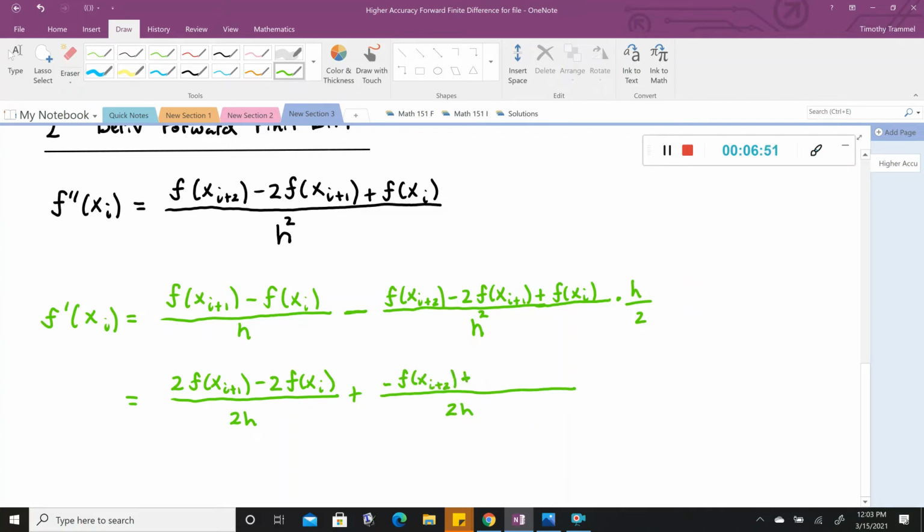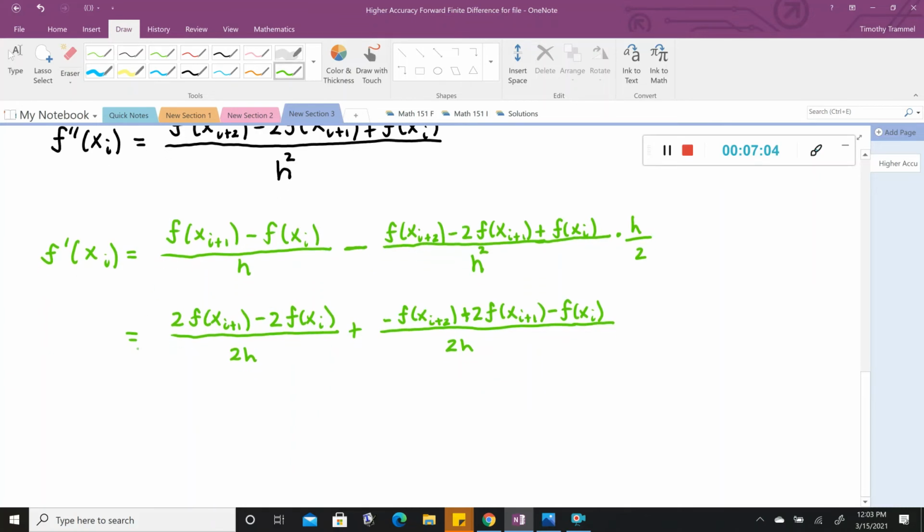Instead of minus 2, we'll have plus 2 f of x sub i plus 1. And then finally minus f of x sub i. Okay. And now if we were to add these together, this is going to be our final formula right here.